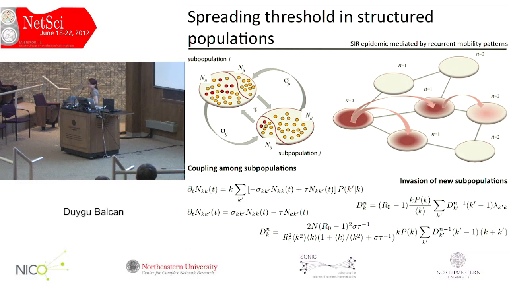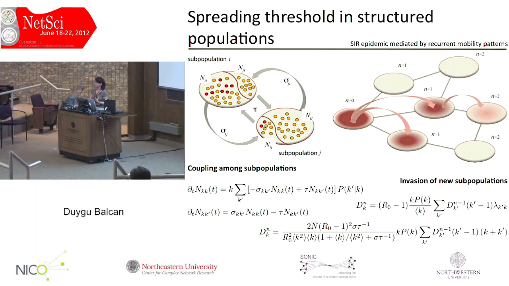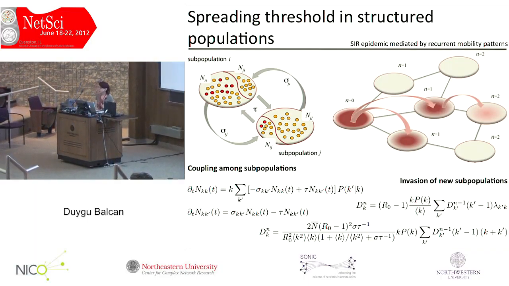Here, for the mobility, I am using an example which is mimicking the dynamics for commuting patterns, where each subpopulation is populated by a certain number of individuals, and each individual moves to one of the neighboring subpopulations at a certain rate and goes back home after a certain average duration.